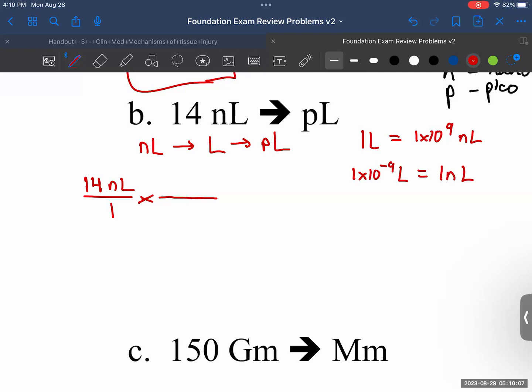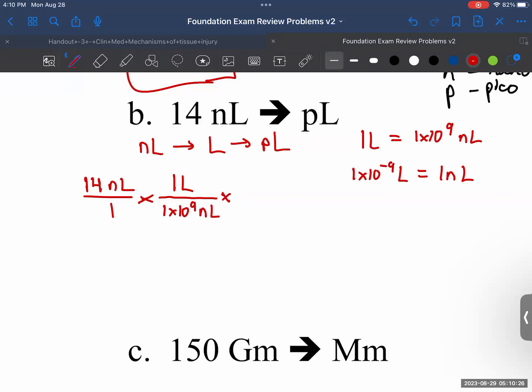They're both the same, so whether you use the top one or the bottom one, you're going to get the same answer when you put it into the calculator. So I'll just use the top one: 1 liter is equivalent to 1 times 10 to the 9th nanoliters.